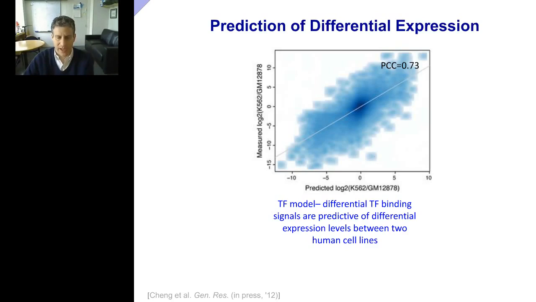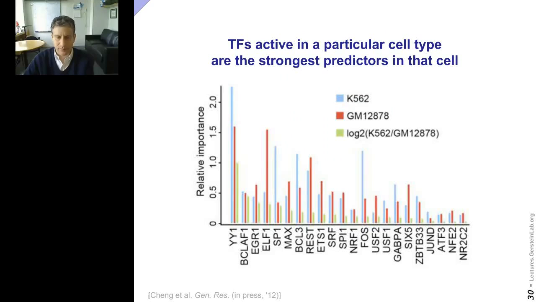and that's what's shown in the heat map in slide 29. And then in slide 30, the other thing we can do is look at the relative importance of the TFs in different cell lines. For instance, one cell line is K562, another is GM12878. And what's interesting is that some TFs are more important in some cell lines than others. So for instance, in K562, YY1 is particularly important, and SP1 is very important.